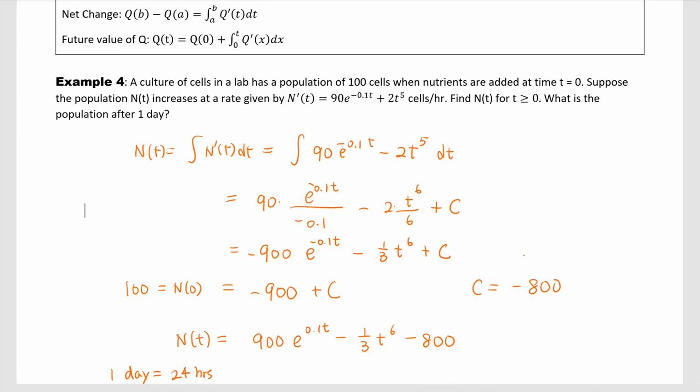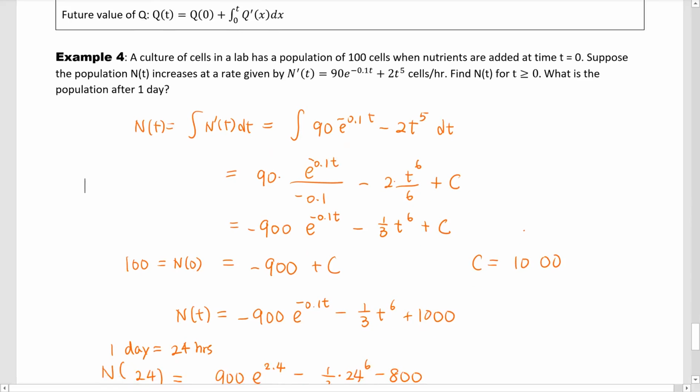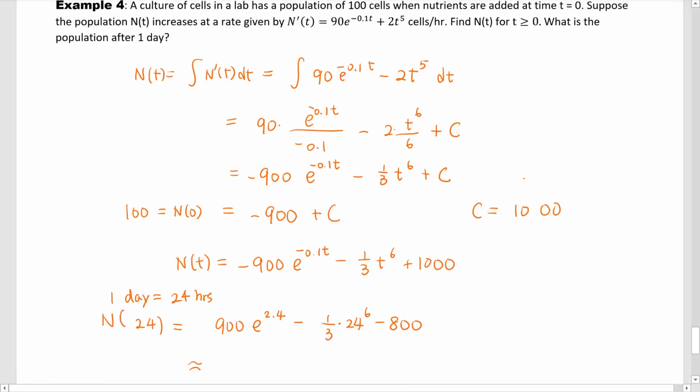So C will be 1,000. And so this is plus C, which will be 1,000. And this is negative, this is negative, and sorry, this is positive, this is positive, and this will be positive.